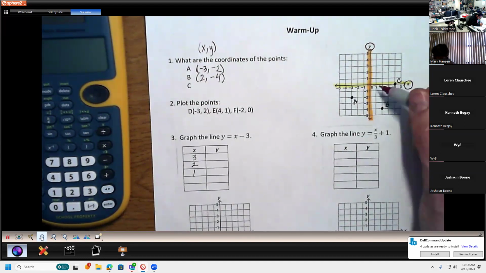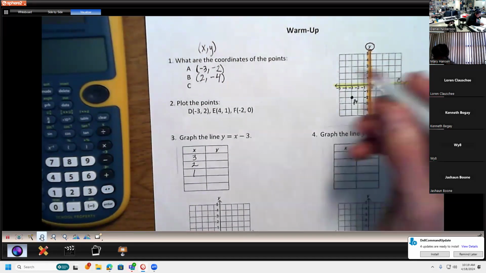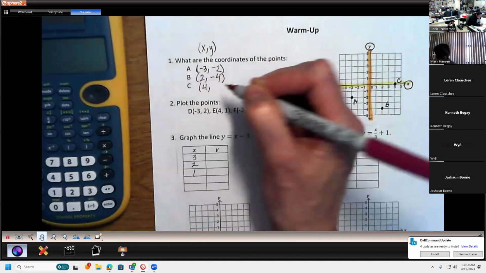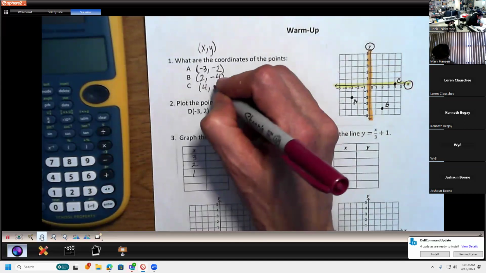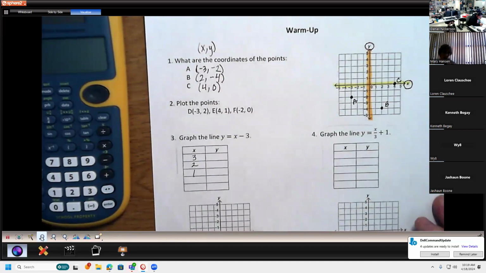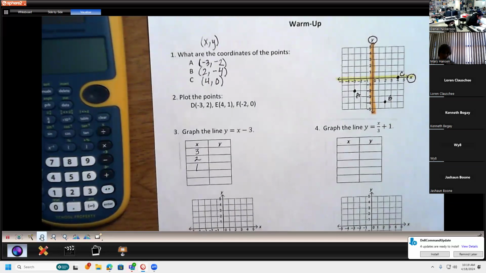Then for point C, when I start back in the middle here, I have to go to the right 4, which is +4, and I don't have to go up or down any. I move 0 up and down. And so I have 4, 0 as the coordinates of point C. So those would be the XY coordinates of those 3 points.